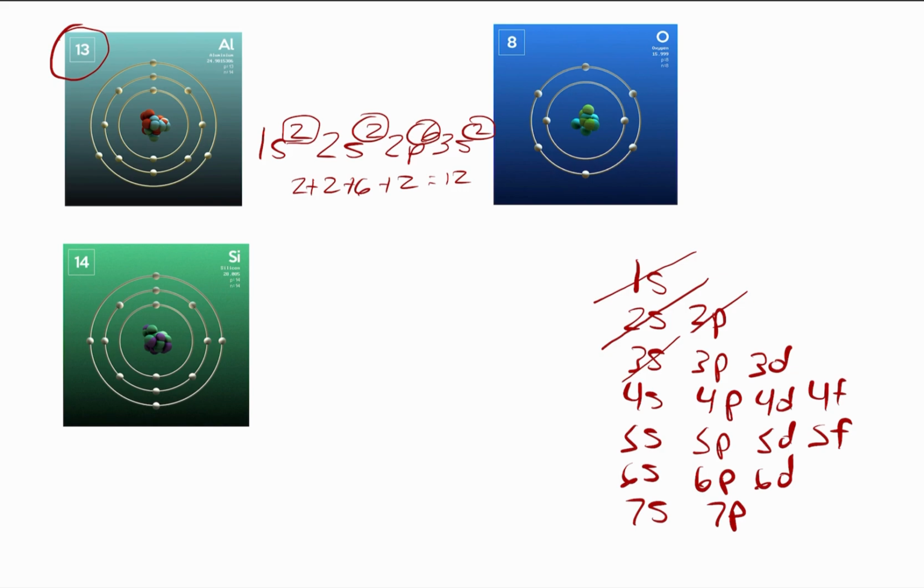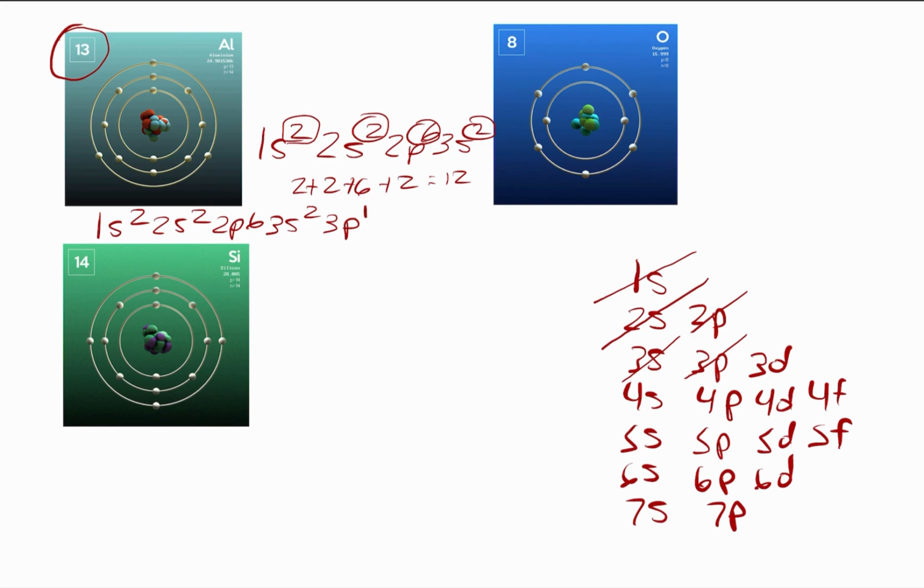We need 1 more. So in this case, we would then go to 3p, and this is what our electron configuration will be. 1s2, 2s2, 2p6, 3s2, and then it would be 3p, and that's it. There would be a 1 up here.